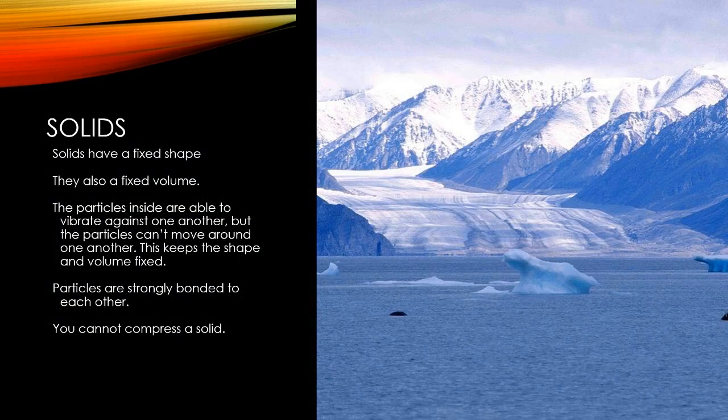So a solid has a fixed shape. Solids don't change their shape at all. There can be outside forces that come in, like we could have the rocks erode over time in this picture. A lot of this is ice, which could melt, so we could change its phase, or we could mechanically come in and break it.